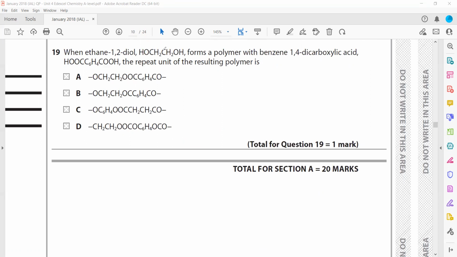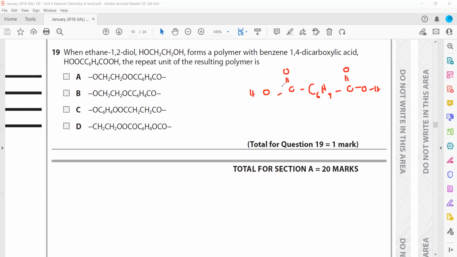So look, this is ethane 1,2-diol, and the other one is benzene 1,4-dicarboxylic acid. So the benzene ring is there. If you want to write it in a formula, the benzene ring here is C6H4, because on both sides there's a carboxylic group, C double bonded with O and OH, and here also C double bonded with O and OH.